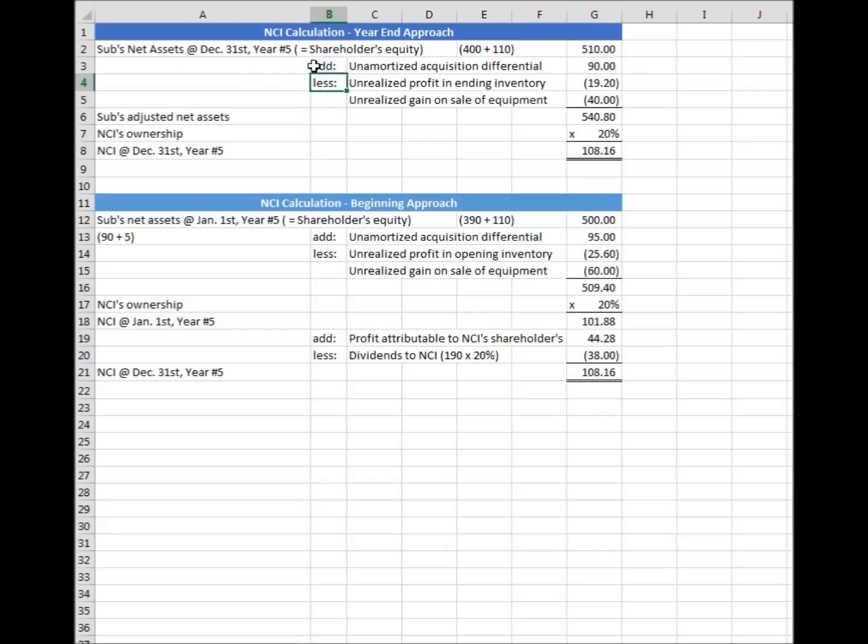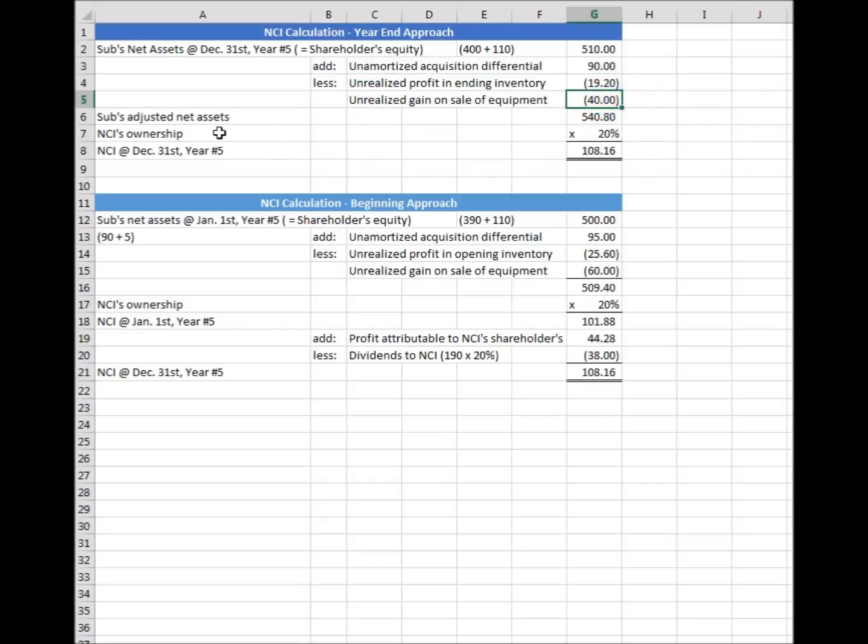Then we move on by subtracting all the gains and profits here that are upstream, since they're related to the sub. So the ending inventory over here is an upstream profit. These are unrealized, so we want to subtract those, as well as these gains over here.